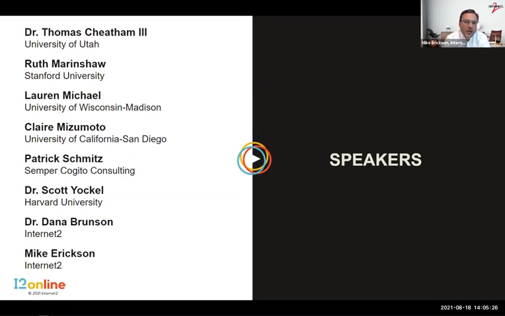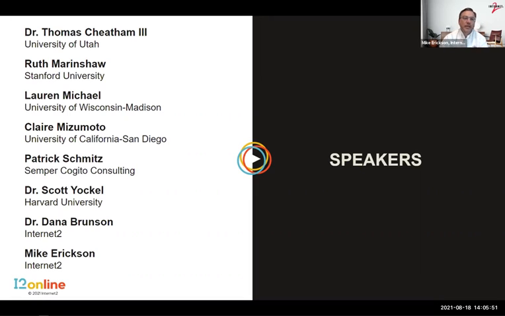We have Ruth Marenshaw, Chief Technology Officer of Research Computing from Stanford University. Lauren Michael, the lead research computing facilitator at the Center for High Throughput Computing, University of Wisconsin-Madison, and for the Open Science Grid. Claire Mizumoto, Director of Research IT Services at the University of California, San Diego.